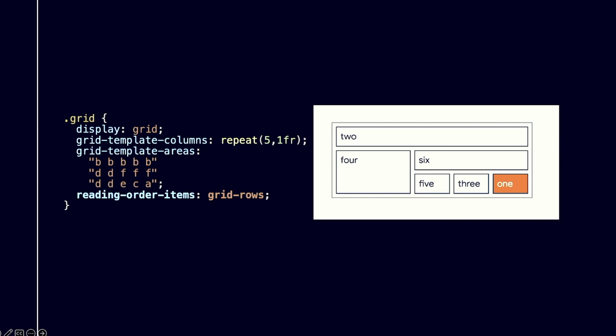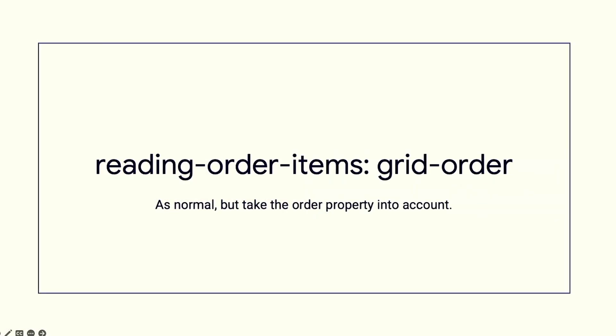And then we've got a final value for grid. And that's grid order. Now, what this does is it lets you prioritize items with the order property, have everything else work in the same way, so follow the DOM order, so doing normal, basically, unless something has used order, in which case, sort of use that first.